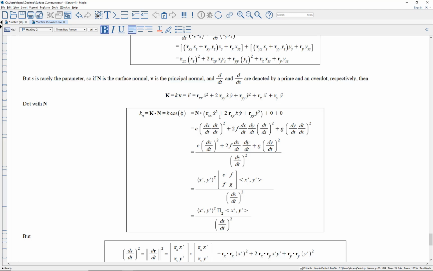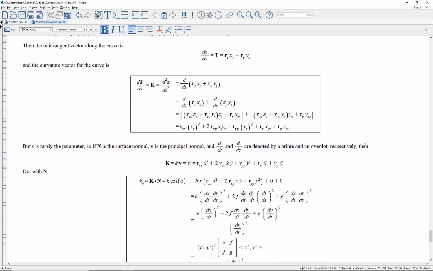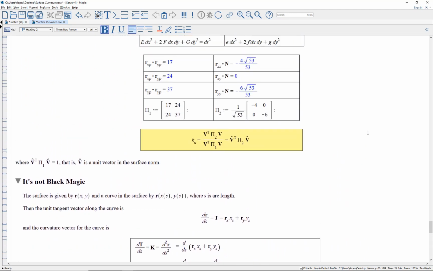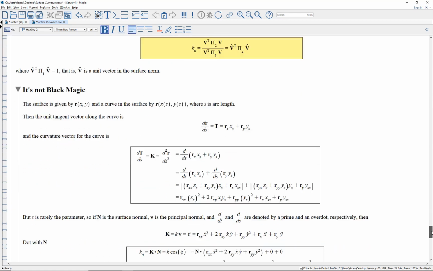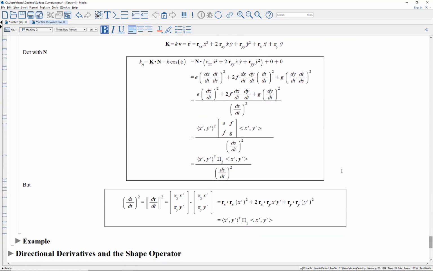Now look at what these terms are. n dot r_xx, n dot r_xy, n dot r_yy. Those are the numbers that show up in the second fundamental form. That's probably why people looked at it. So we use the letters little e, little f, little g for those dot products.